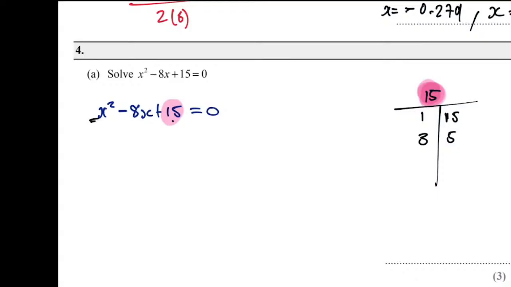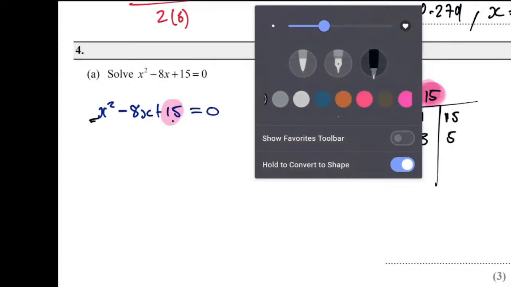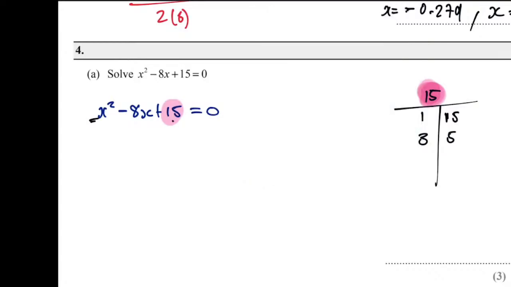It doesn't mean you're multiplying bigger numbers. Here, if it's 15, it means the numbers multiplying have the same sign. It doesn't mean they're both positive. It means they have the same sign, so either both positive or both negative.